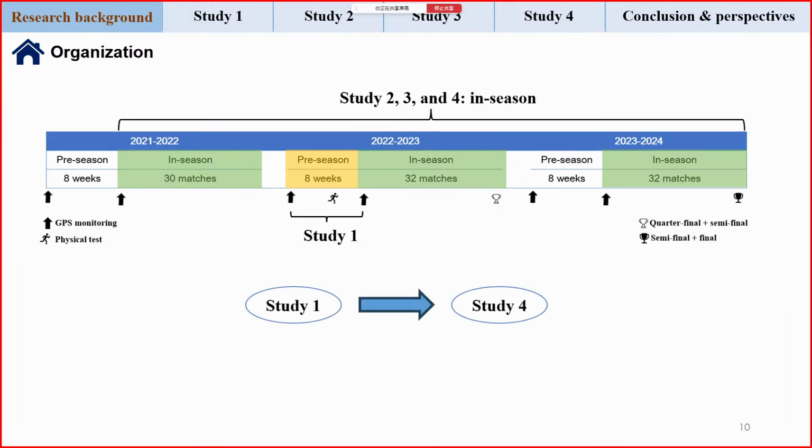Study 1 provided the theoretical foundation for Study 4, as it introduced ACWR and initially explored the relationship between workload and injury. Study 2 introduced principal component analysis, or PCA, and KPI, which were applied in the exploration of Study 3.